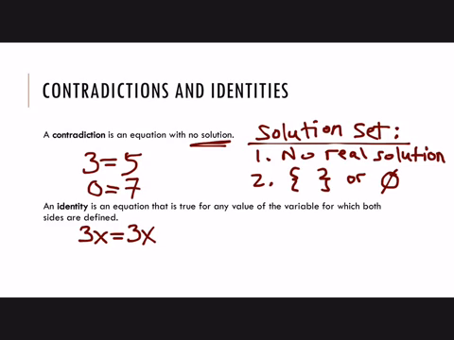So x needs to be a real number in this case. You can't just plug in an infinity symbol or something like that, that has different rules than the real number system. So you'll see statements like that. You may see things like 7 equals 7, things that are true all of the time.